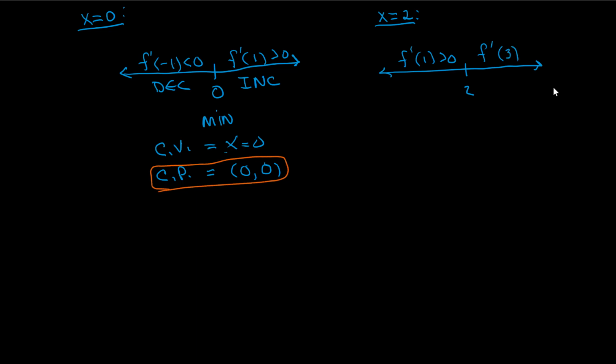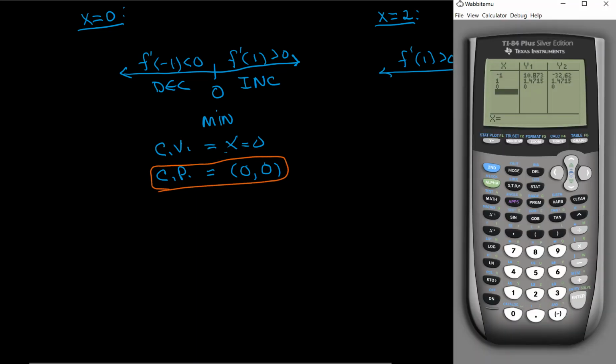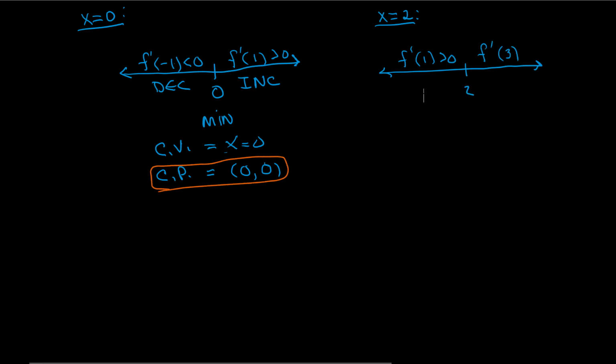Okay, then I'm going to go back to my calculator, and remember this time I want to use the x value 3, so I'm just going to put in 3, and I'm looking at the derivative, which is a negative value. So if the derivative is negative, less than 0, on that interval it's going to be decreasing.